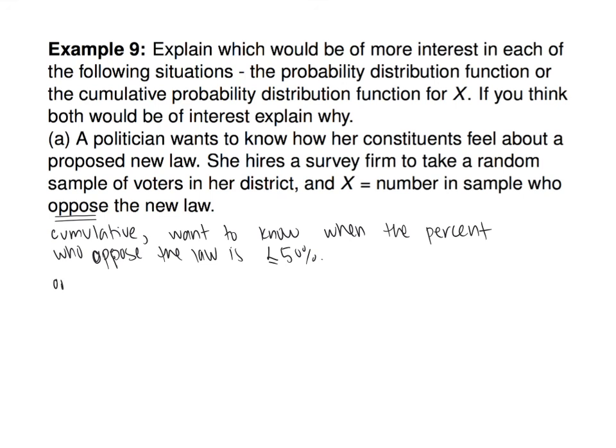In other words, she might want to know the probability that her x value is less than or equal to 50%, as opposed to what's the probability that this equals exactly 50%. She wants to know when it is going below this, and in that case, once fewer than 50% of people oppose the law, she'll probably decide to support it.